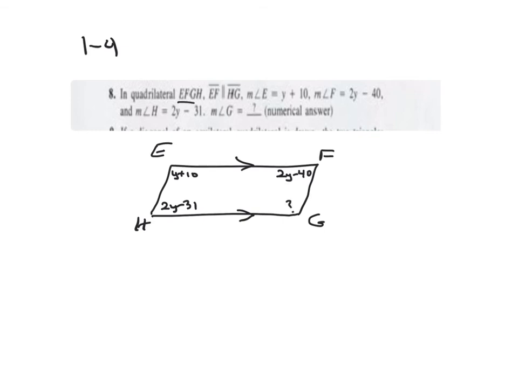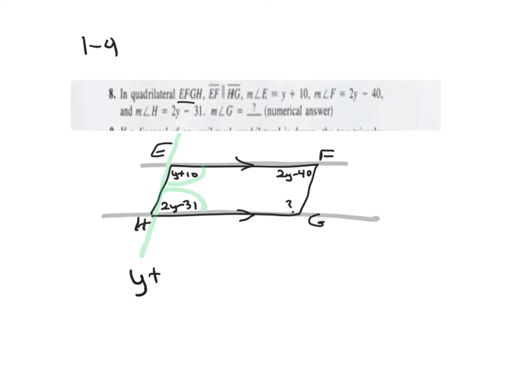Okay, so we're dealing with a quadrilateral here. We don't know if it's a parallelogram, but we do have one set of parallel sides. So we know that EF is parallel to HG. So what I'm going to do to find the value of y is use this as a transversal, and I know that when I have parallel lines and a transversal, these two angles are same side interior and they're supplements.